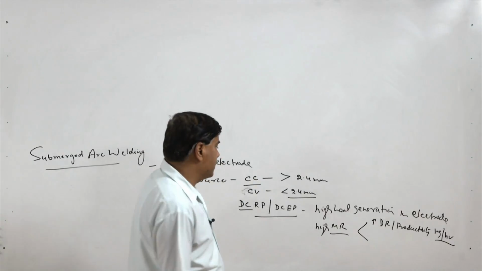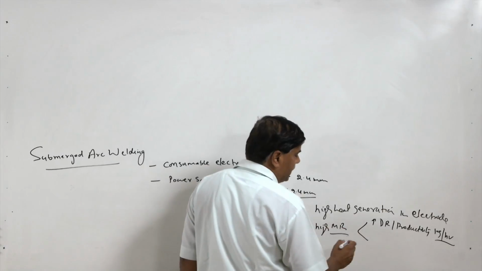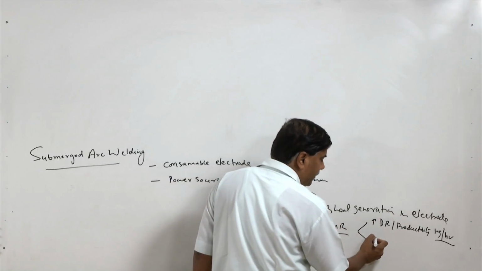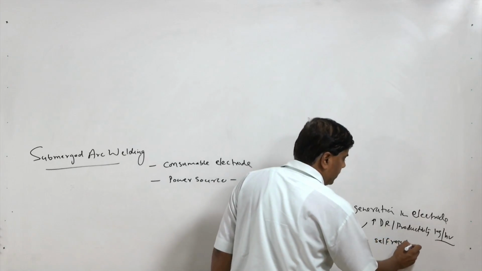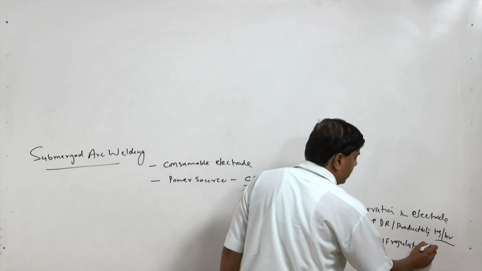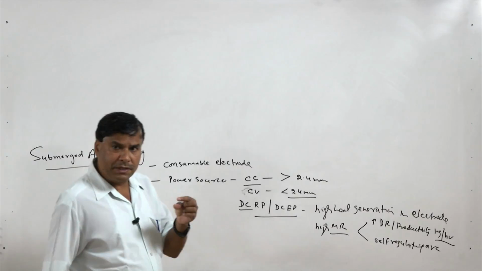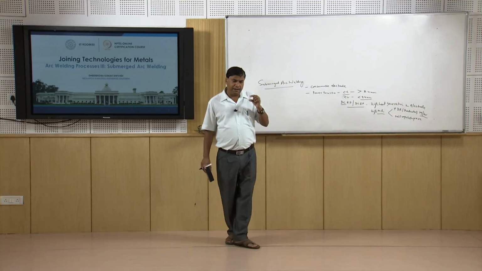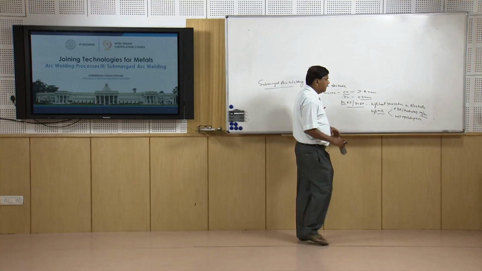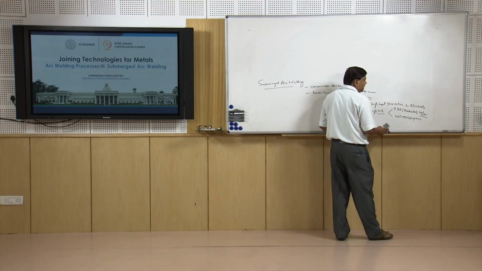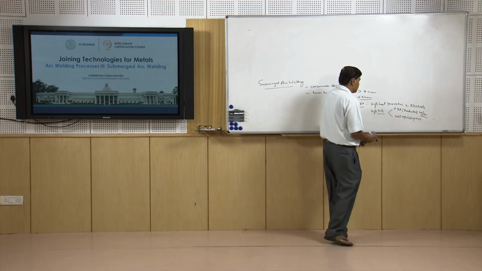It also helps in realizing the self regulating arc, because when the melting rate of the electrode with a small diameter electrodes is high, it responds very rapidly to the change in current, and that helps to maintain the arc length through the self regulating arc principle.